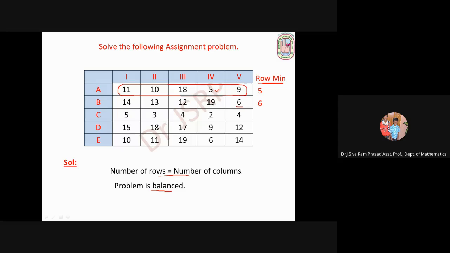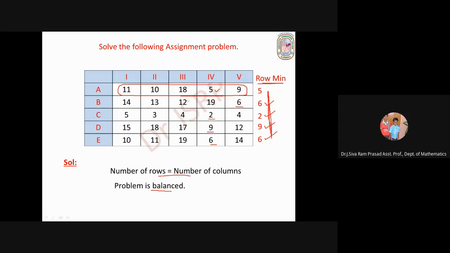Third row minimum 2. Fourth row minimum 9. Fifth row minimum 6. Now we subtract these row minima from the entries of that row: 5 from the first row, 6 from the second row, 2 from the third row, 9 from the fourth row, 6 from the fifth row. Okay, so we obtain the next matrix.